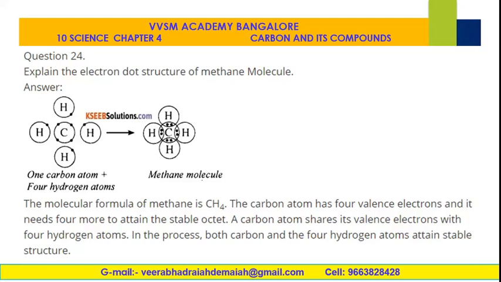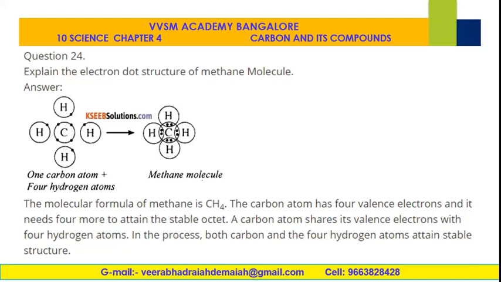You know, my dear, the first member of the alkane series is methane. It is also called marsh gas, and the molecular formula of methane is CH4. The 4 hydrogen atoms are attached to the central carbon atom, and the carbon atom has 4 valence electrons, and it needs 4 more to attain the stable octet configuration.